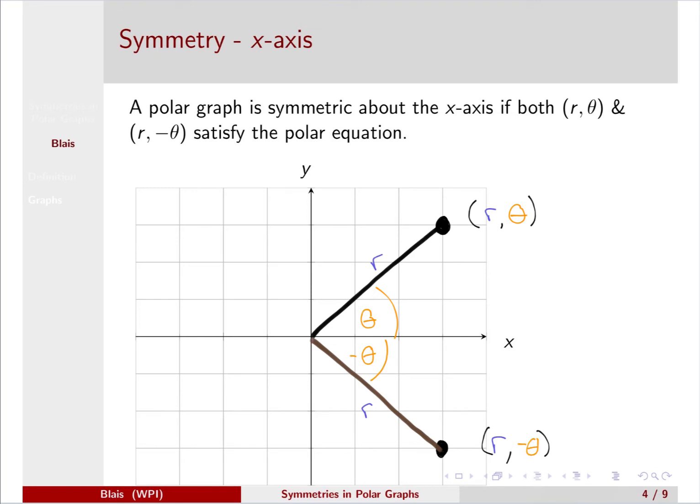The idea here is if you have your polar equation and both the points (r, theta) and (r, minus theta) satisfy that polar equation, then the graph of that equation is symmetric about the x-axis. Whatever you draw up here is mirrored down here.